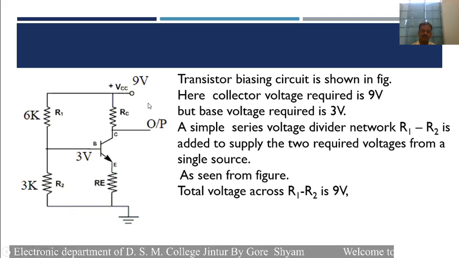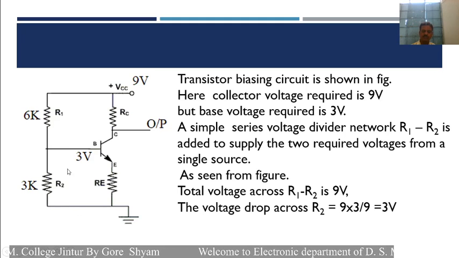Here the total voltage across R1 and R2 is equal to 9 volt. From here to here, the voltage is equal to 9 volt, and the voltage drop across resistance R2 is equal to the total voltage into its individual resistance divided by the total resistance, that is 9 into 3 divided by 9, which is equal to 3 volt.